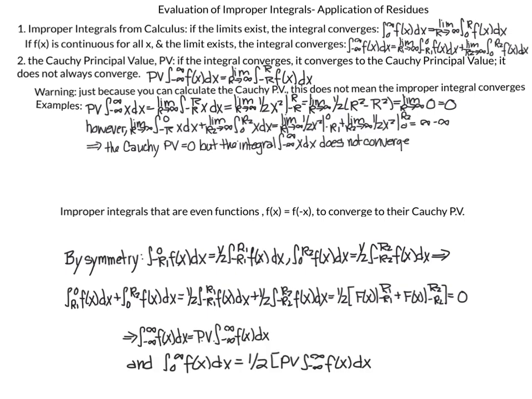So in this case, our Cauchy principal value is going to equal the integral from negative infinity to infinity of f of x dx, and our integral converges.